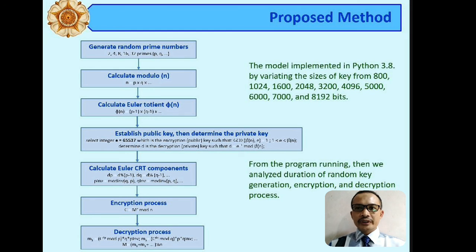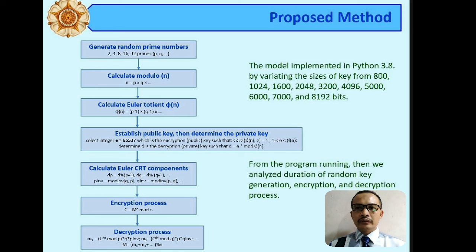After that, we establish the public key. And from the established public key, we can find a private key by calculating an inverse modulo of the public key on the modulo of the Euler totient number.